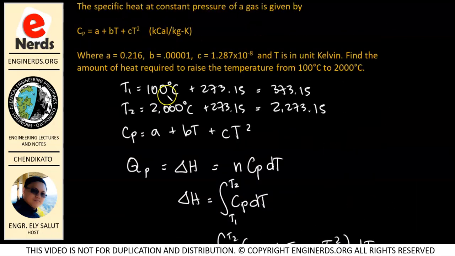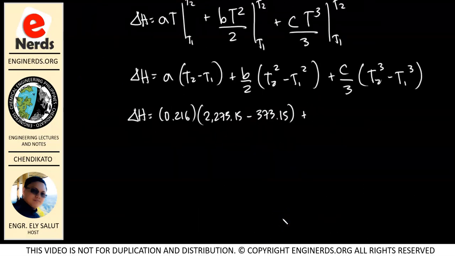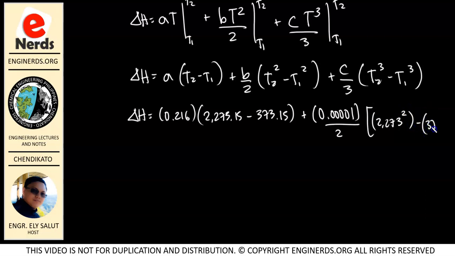So, ano nga ulit yung value ng ating B? Our B is 0.00001. So we have our B, which is 0.00001 divided by 2 and multiplied to our T2, which is 2,273.15 squared, minus 373.15, I'm not writing the decimal, squared.